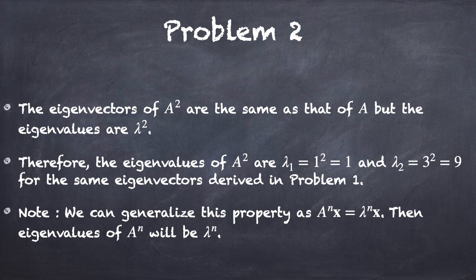We can generalize this property as A to the power n times x equals lambda to the power n times x, and the eigenvalues of A to the power n will be lambda to the power n. Following the same argument, you can pre-multiply by A again and again until you derive this expression, A to the power n times x equals lambda to the power n times x.